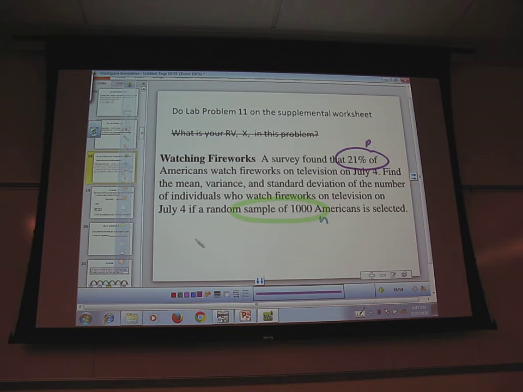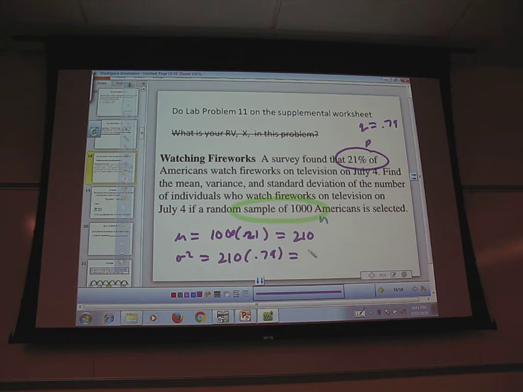And so this one would be, mean is 1,000 times 0.21, 210. My variance is 210 times 0.79, right? So that's 165.9. I'm going to put q is equal to 0.79.